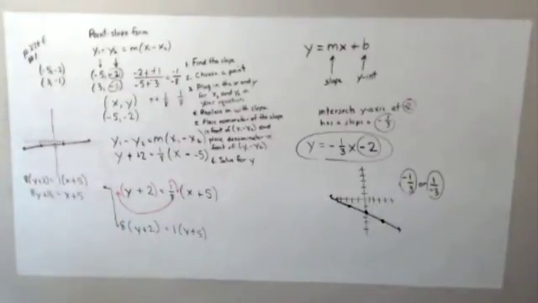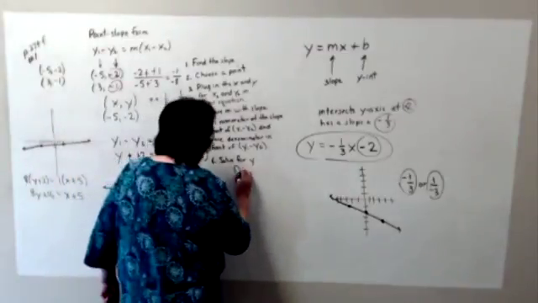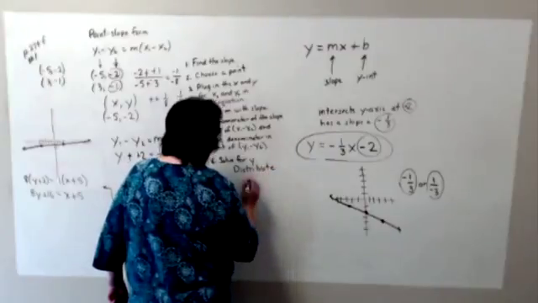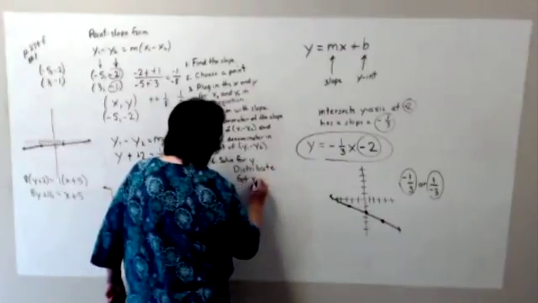So we don't have to get all the variables on one side. That's if you're solving for one variable, I'm sorry. But step 1 is distribute. And then step 2 is get y alone. Okay, distribute, if you have parentheses still, and then get y alone.